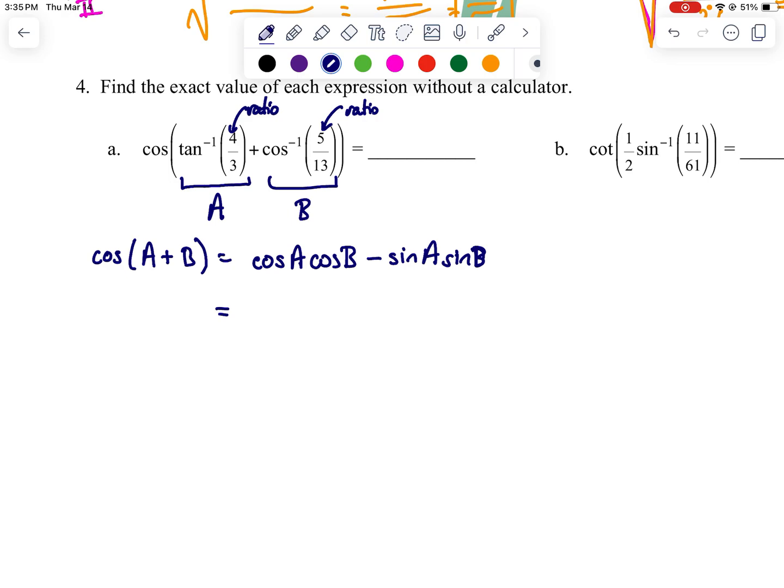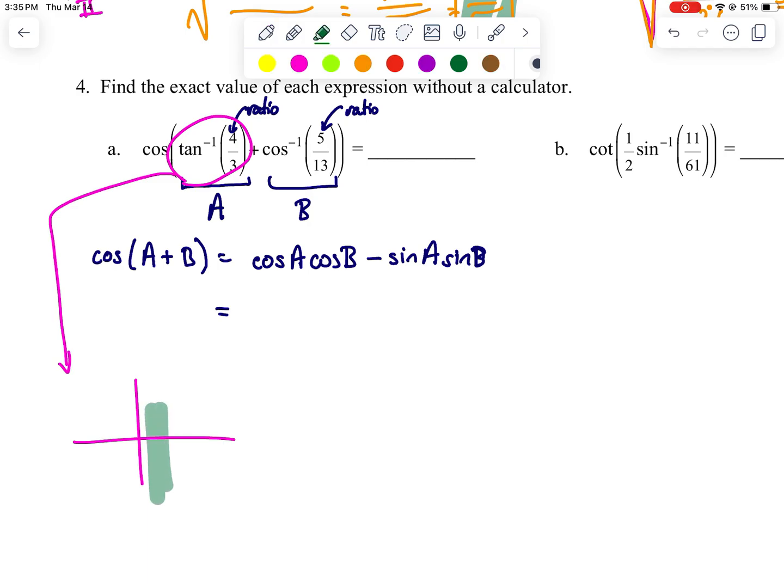So the question is, well, how do I get it? Well, this information is going to tell me. So if I bring this down and I draw a picture of that, I know that angle A, and we know that inverse tangent spits out answers over here, is an angle that has a tangent of 4/3, right?